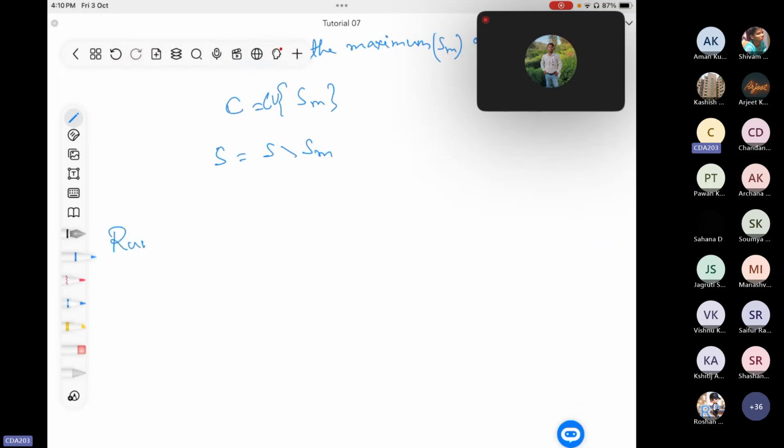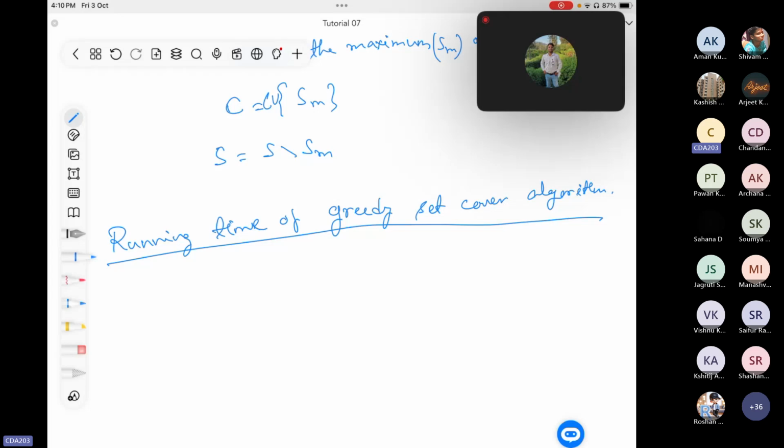Now the running time of this algorithm. What would be the running time? You guys can try this one.